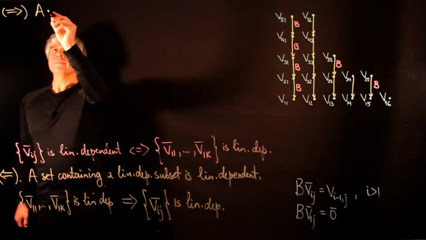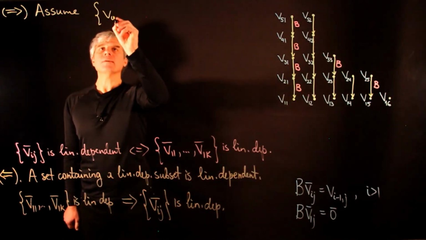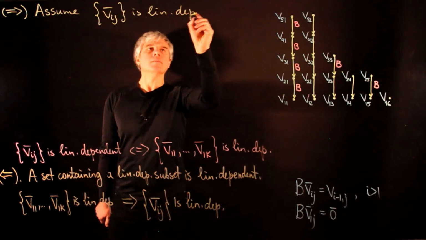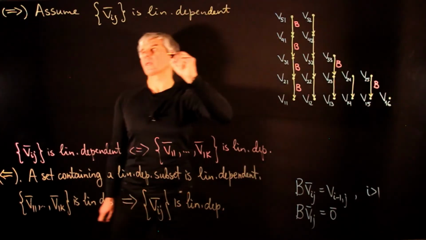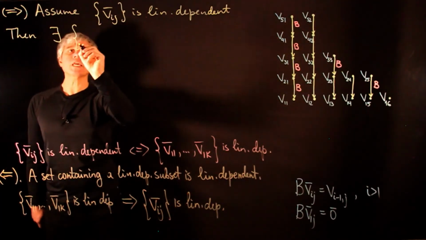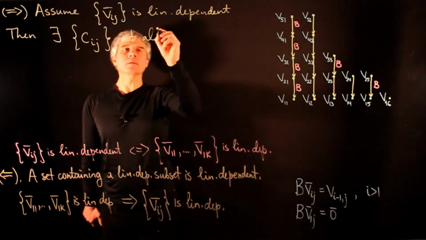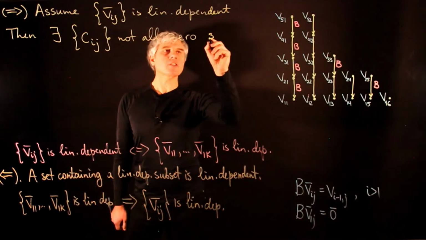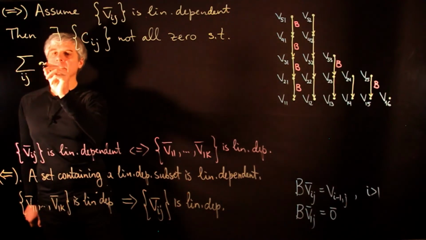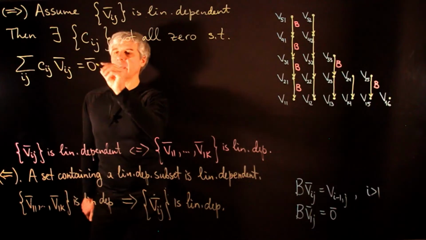So we assume that the larger set, Vij, is linearly dependent. Then there exists a family of scalars, Cij, not all 0, such that the sum over i and j, Cij times Vij, is equal to a zero vector.